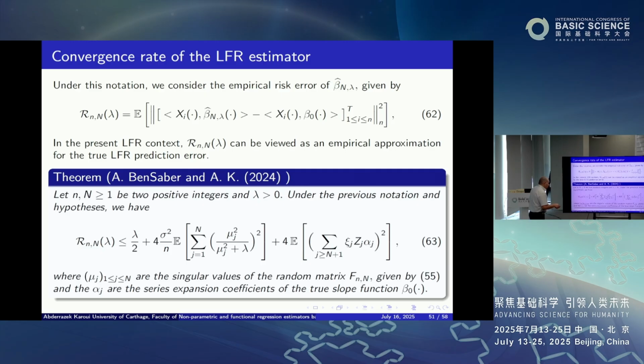And these are the expression of the tail of this sum, the alpha_j. These are just coefficients of the random process. That's it. So this is interesting in a way: if we have this bound of the risk error, one can prove that our estimator has the optimum convergence rate too.